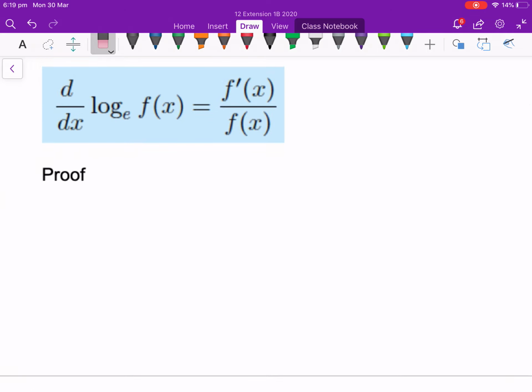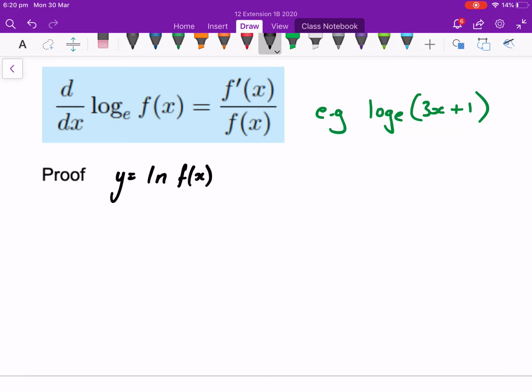Now, what happens when we want to differentiate a log to base e of an expression other than x? For example, we might want to differentiate log to base e of 3x plus 1. Well, how do we go about doing that? We're going to take a similar approach. I'm going to write down y equals ln of f of x.